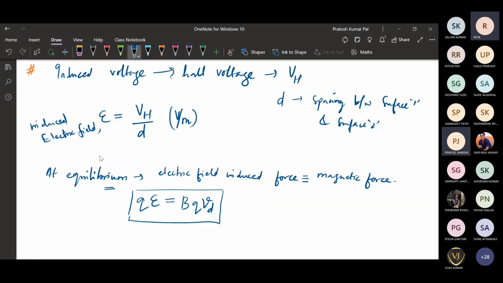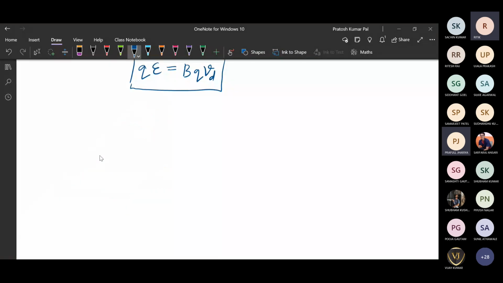Here we know that the electric field is given by VH by D. And also we know J, that is the current density, which we have already seen. The current density in terms of rho, which is called the charge density, is there. So this is the charge density and this is the current density.